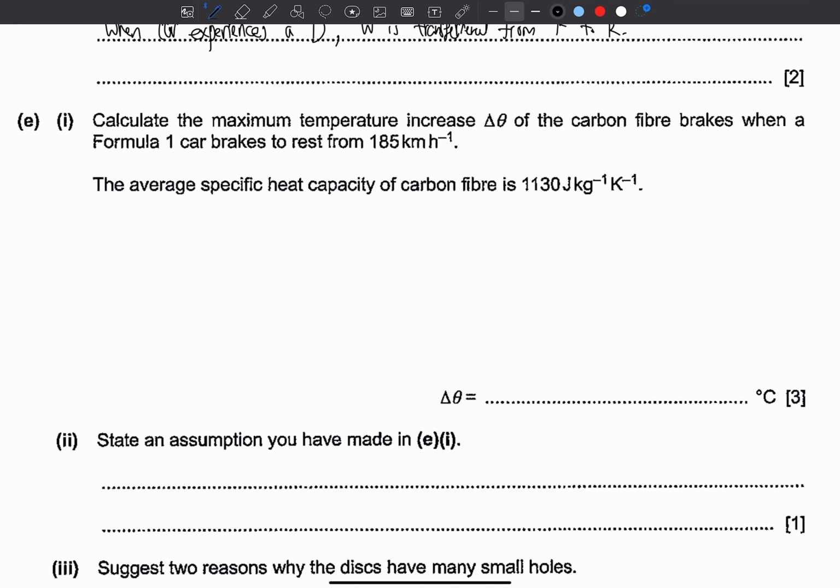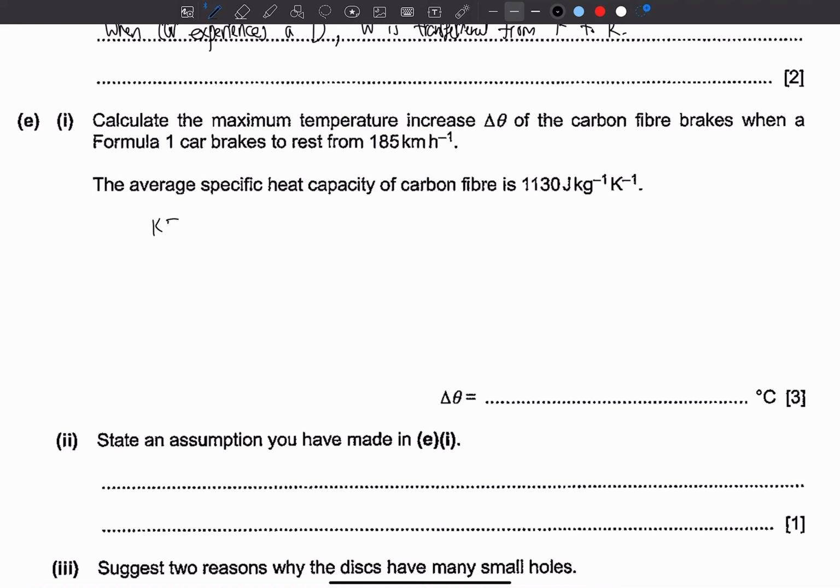Calculate the maximum temperature increase of the carbon fiber brakes when a Formula One car brakes to rest from the speed. So, if you were to assume that all of the kinetic energy that the car possesses directly converts into thermal energy, you can come up with this formula.